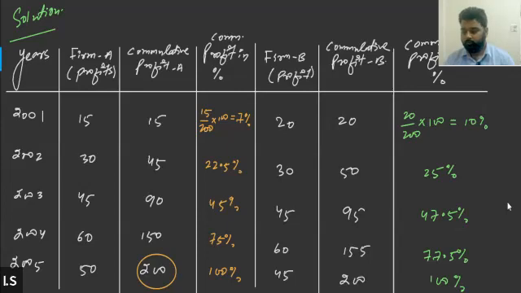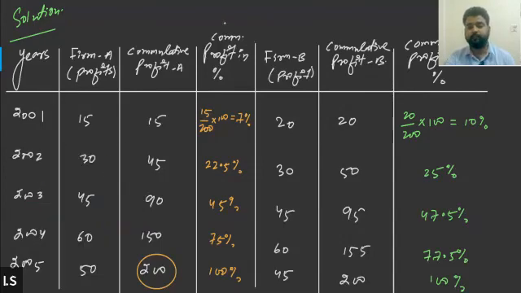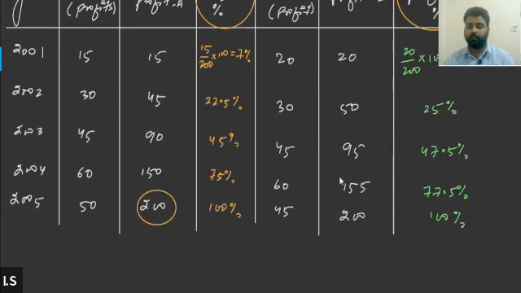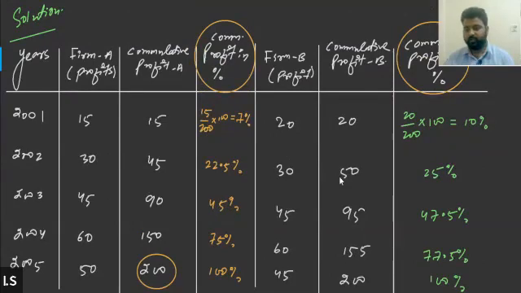Okay. So it is simple. You just need to draw a lot of columns, and only after drawing these columns you will be able to draw the diagram. Now among all these columns, only 2 columns are relevant for drawing the graph. We will require this column only, and this column only. Out of all these columns, we will require only 2 columns in order to prepare a Lorenz curve. So have you noted it down, or you're still writing it?